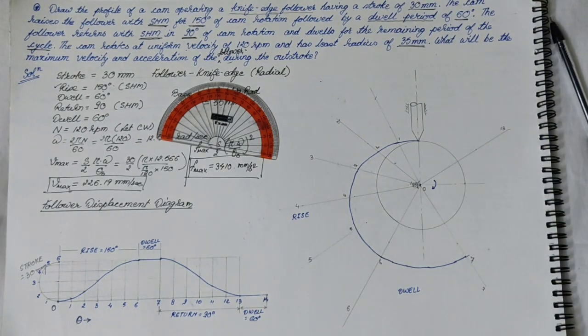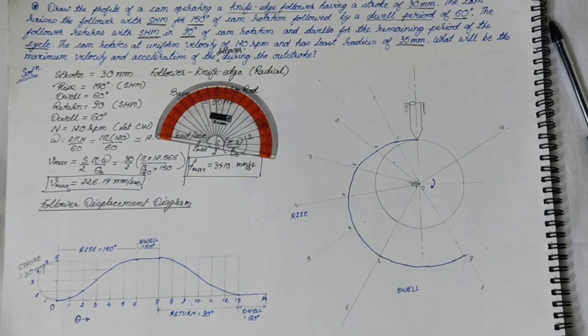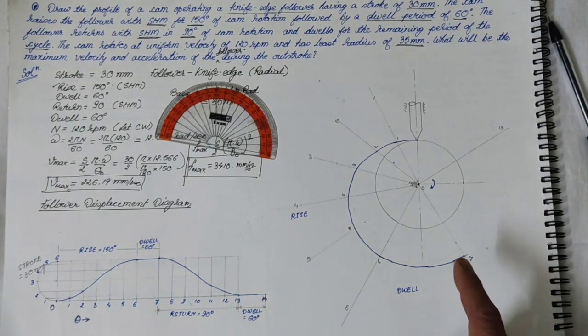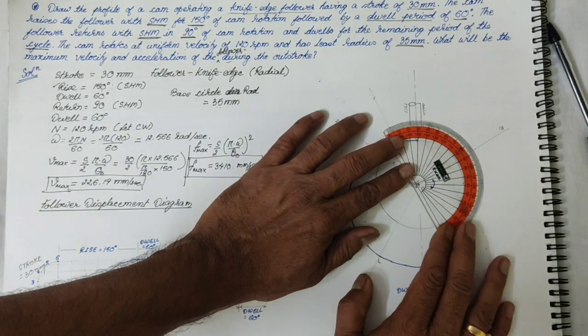So now we will divide this 90 degrees into 6 steps again. When we divide this 90 degrees into 6 steps, each will be 15 degrees.